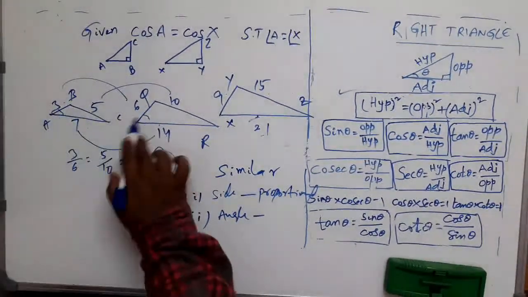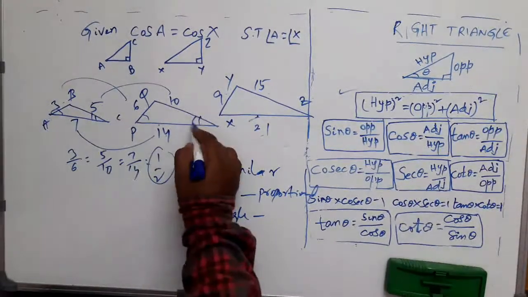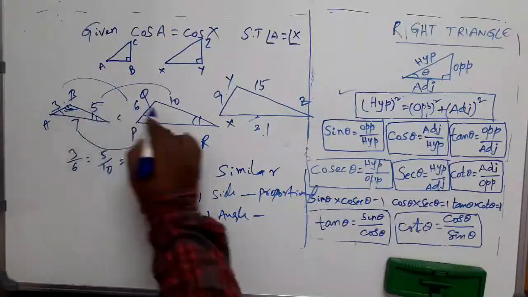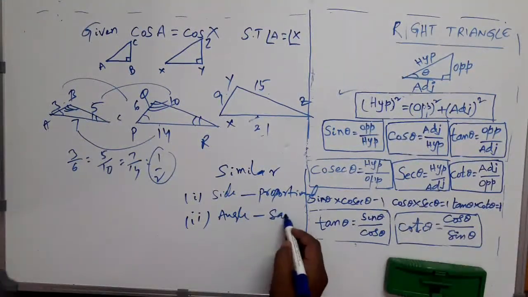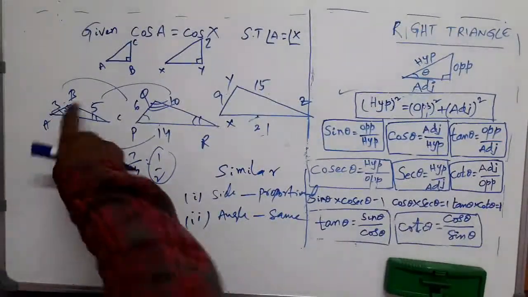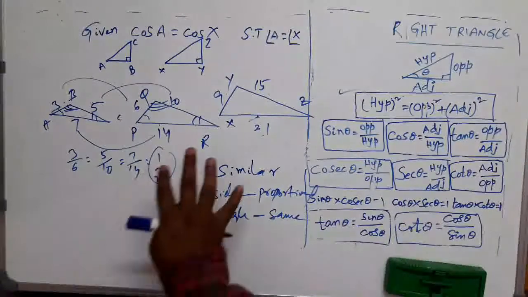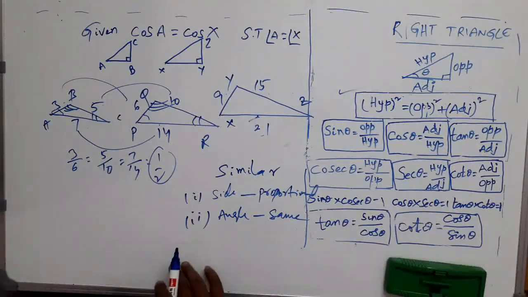Clearly, these two angles are equal, these two angles are equal, these two angles are equal. The corresponding angles are the same. Corresponding sides are in the same ratio and corresponding angles are the same. That is a beautiful point in similarity of triangles, right?